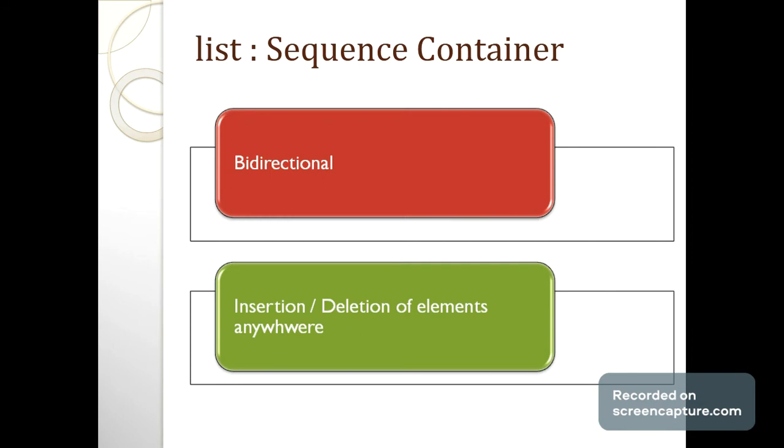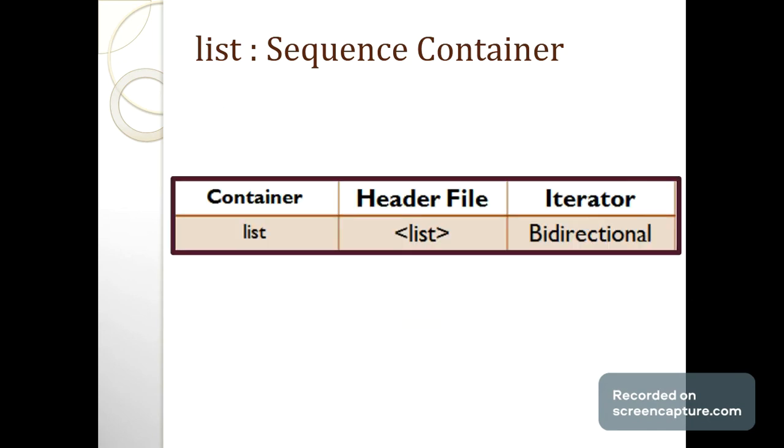Then we are going to see the next container, that is list. List uses a bidirectional iterator and it allows the insertion or deletion of elements anywhere. Whereas in the case of deque it was at front and rear, and in the case of vector it was only at the back. But when you consider list, you can insert or delete elements anywhere in between.